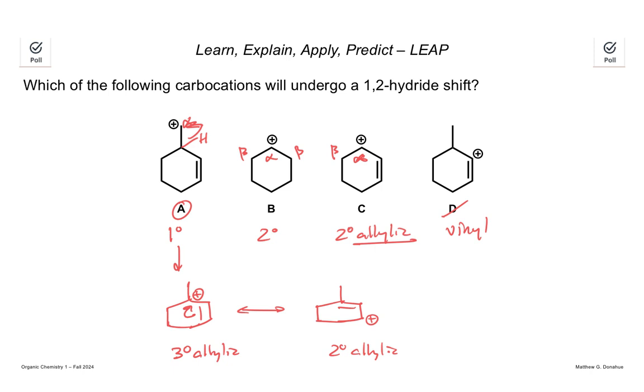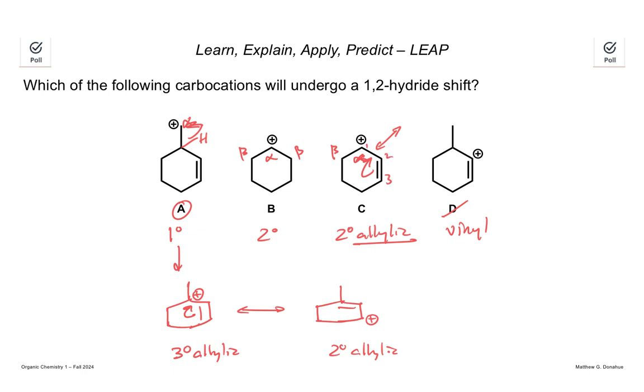How do the options differ in the resonance? So for option C, the allylic resonance, you have 1, 2, 3.